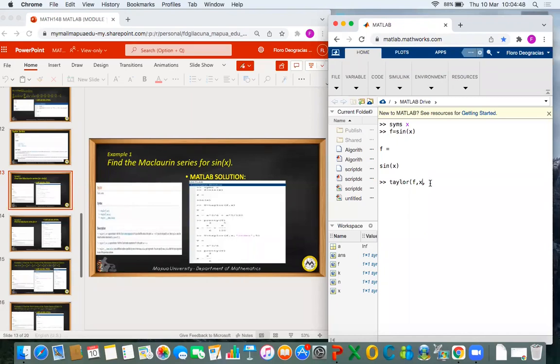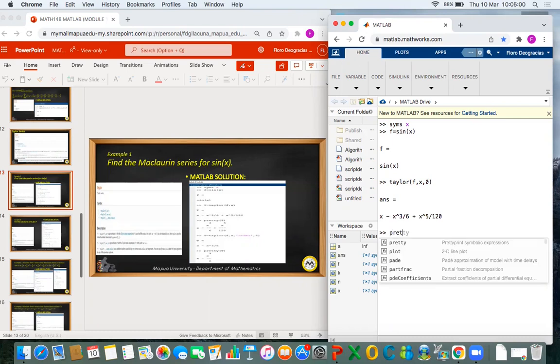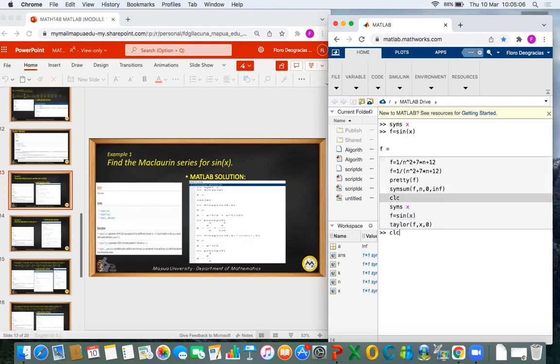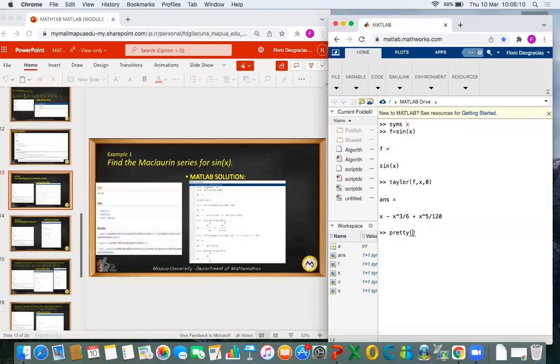And then I think we need to write zero also because this is Maclaurin. And then type pretty. I have typed pretty a while ago. Pretty ans, because this is the output now provided when we have Taylor.